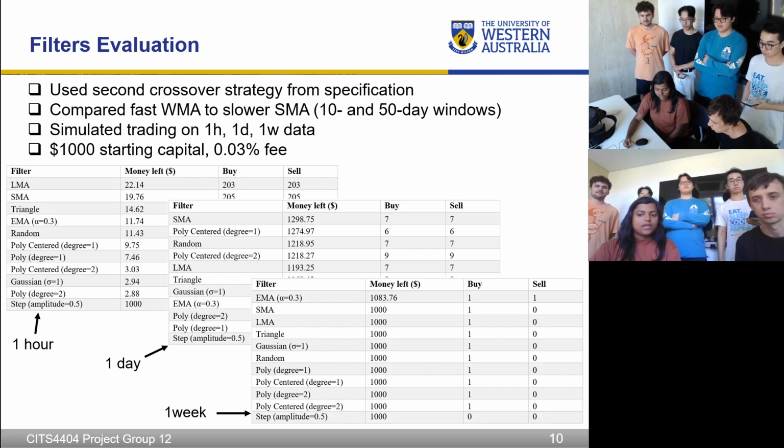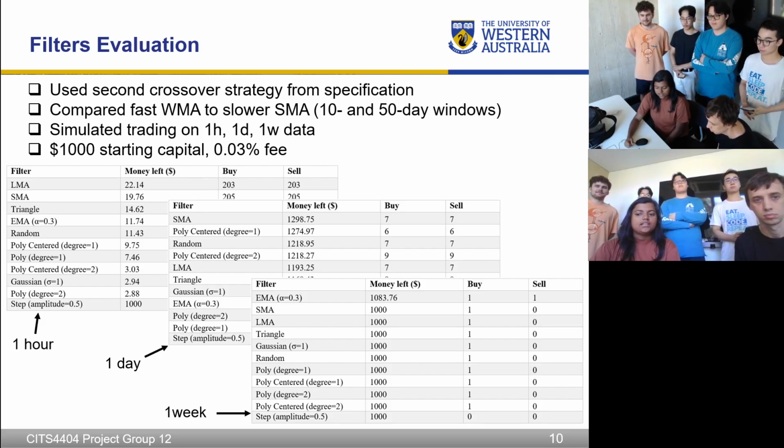To keep the project manageable, we first needed to assess the trading relevance of the implemented filters and select a few for optimization. We used the second crossover strategy from the project specification, comparing a responsive weighted moving average to a slower simple moving average with a 10 and 50-day window.